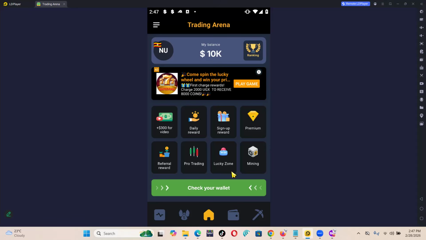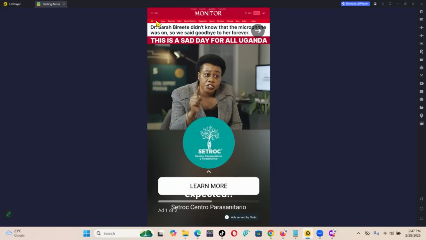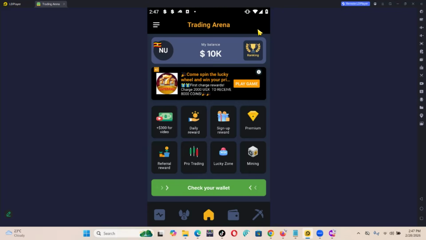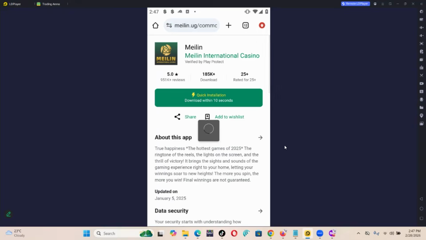After installing the app, you have a few icons down here. I think there are like 5. There's home, and the app has some ads, so expect some ads, okay?